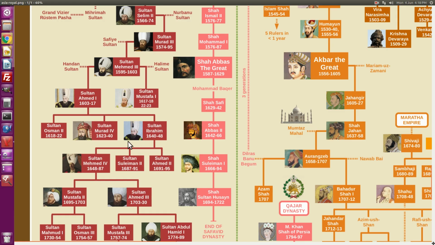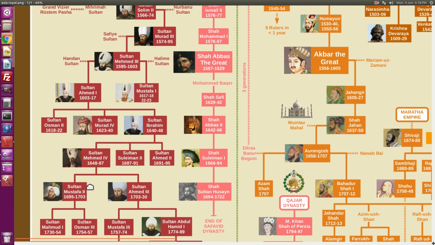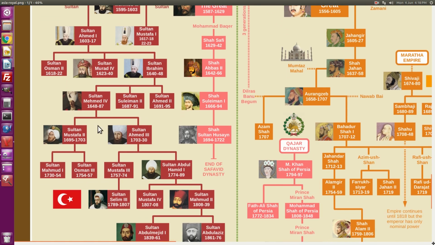Now, this particular Sultan Ibrahim, also was killed for political reasons, and he was succeeded by his son Mehmed IV. After Mehmed IV, we get some other younger brothers becoming sultan, and then it's passed on to the children of Mehmed IV, two sons, Mustafa II and Ahmed III.